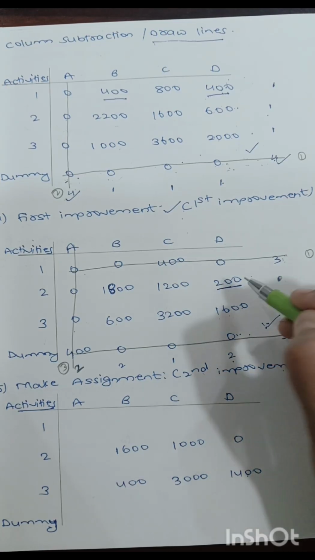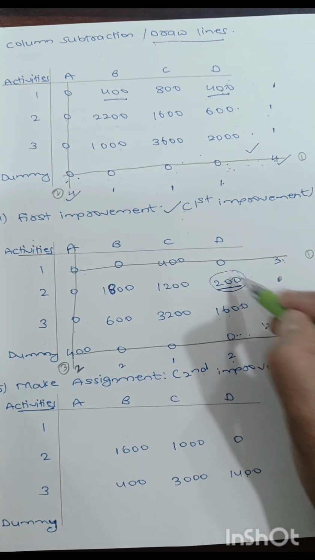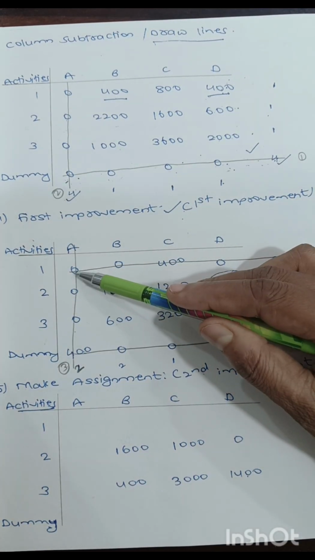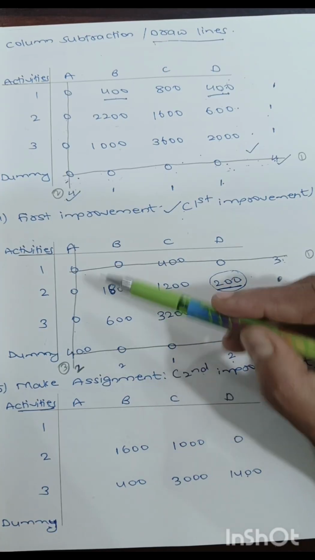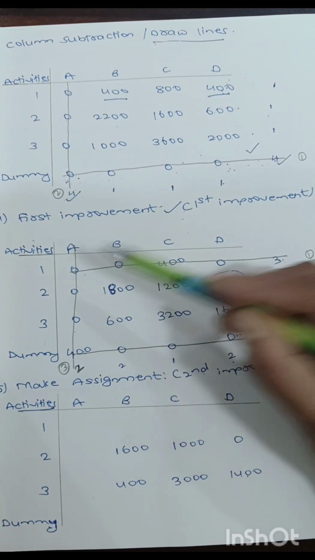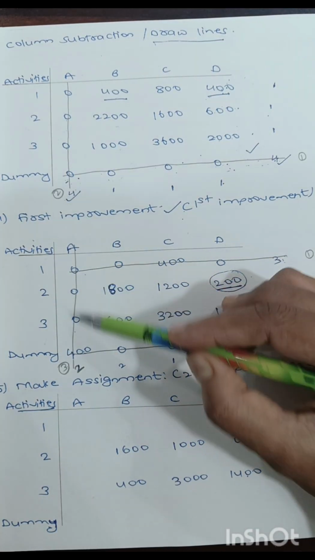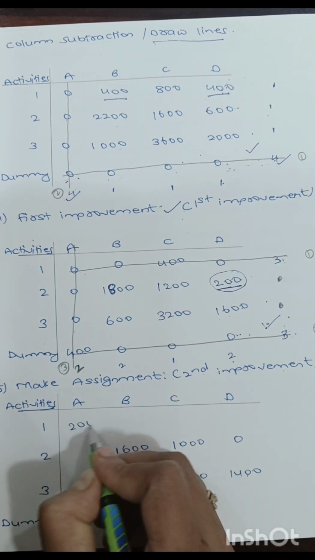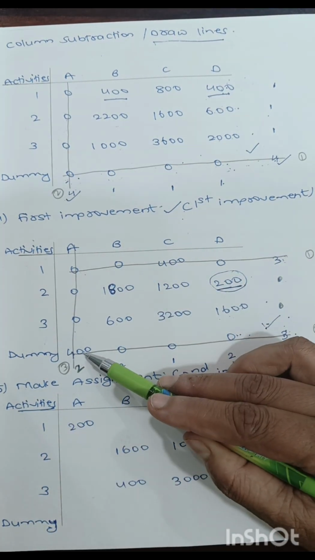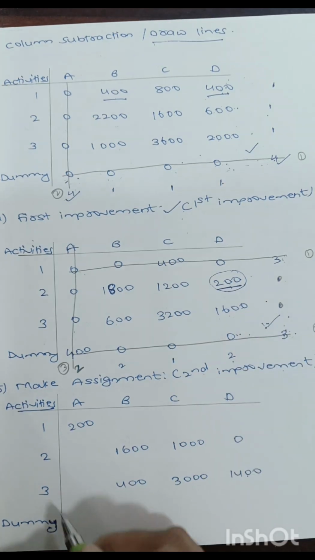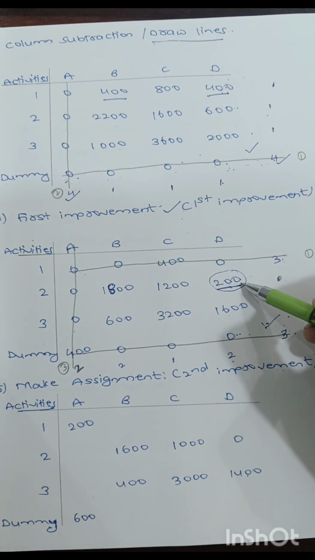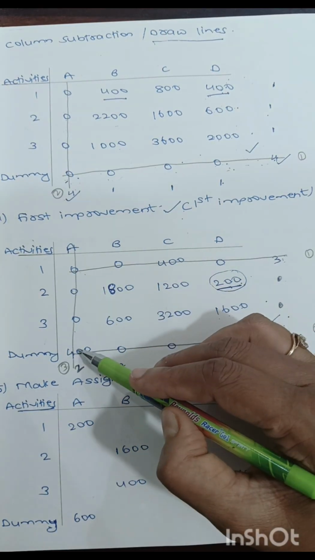Step number 2 is we have to add this 200 to the point of intersection. How many points of intersection are there? There are 2 points of intersection. This is 1 and this is 2. Here the value is 0. So add this 200 to the point of intersection. 0 plus 200, the answer will be 200. And this is 400. 400 plus 200 is 600. What we have done is added this lowest element to the points of intersection.